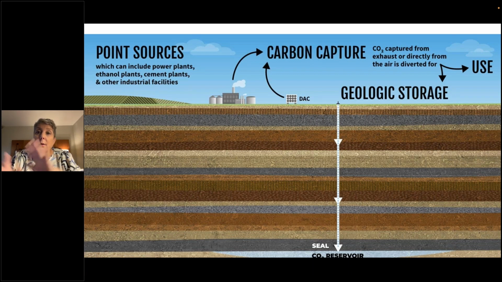You capture that carbon dioxide and transport it to a location where it is either used for some sort of material, building material or other feedstock, or it is used in the geologic storage of carbon dioxide. We're going to talk primarily about the end of that value chain this morning, the geologic storage.